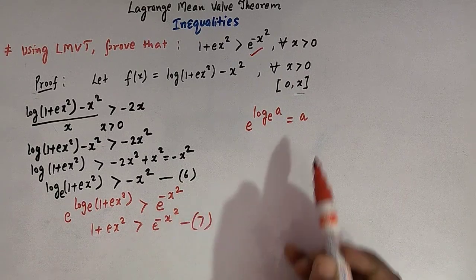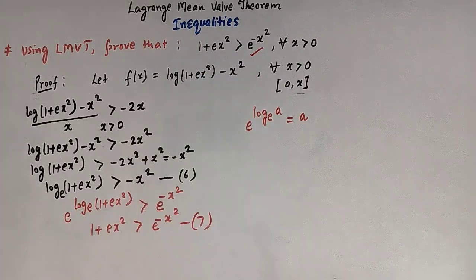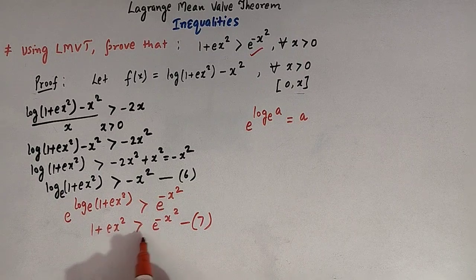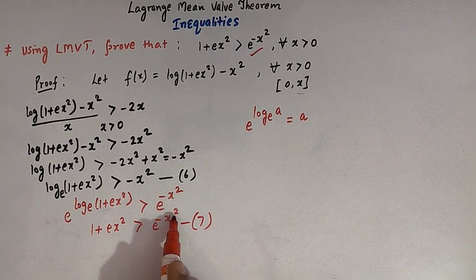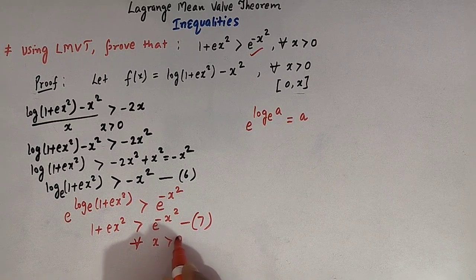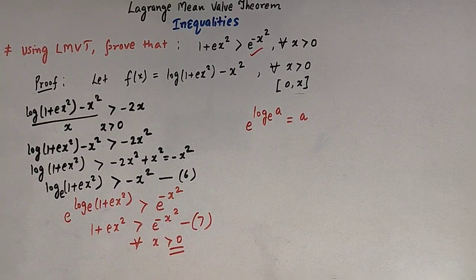And this is our desired inequality. So we have 1 plus e^(x²) is greater than e raised to minus x² for all x greater than 0. So viewers, this is how, by making use of Lagrange's mean value theorem, we can derive these type of important inequalities.